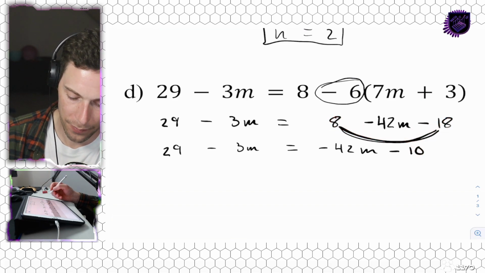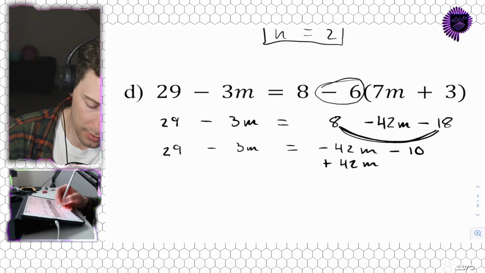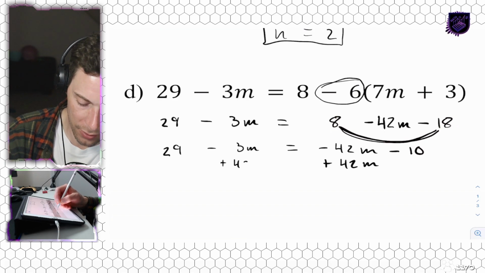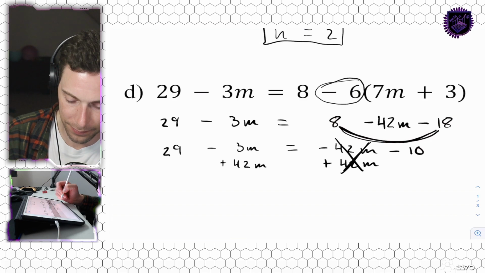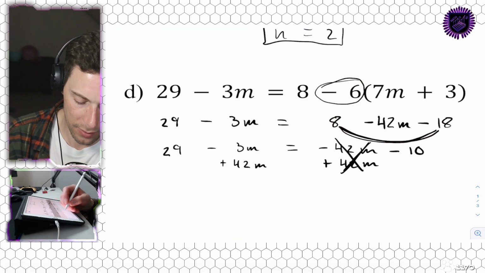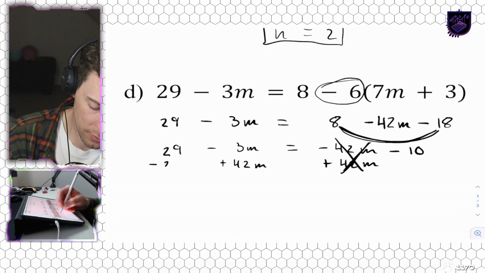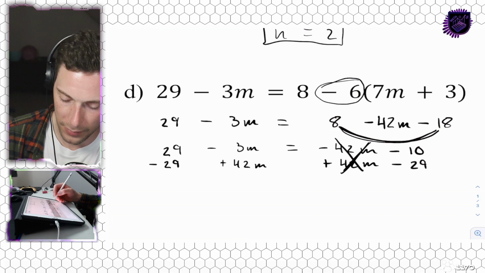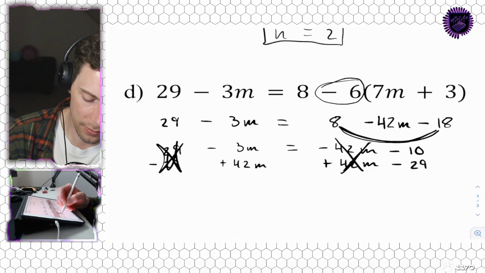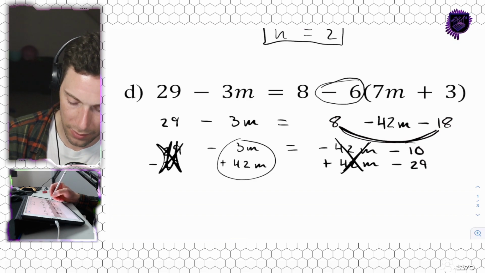We go, let's add 42m and add 42m. That's a hard cancel here. And then we subtract 29, subtract 29, hard cancel here. Then we're left with this and this.